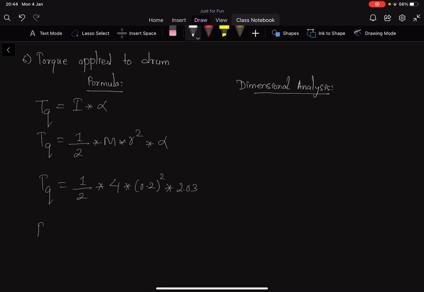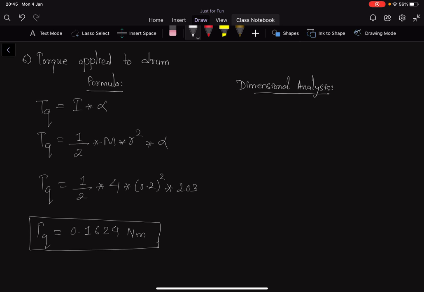If we calculate this in our calculator, 0.5 times 4 times 0.2 squared times 2.03, we are going to get 0.1624, and the unit of torque is Newton meter, and that's our answer here.